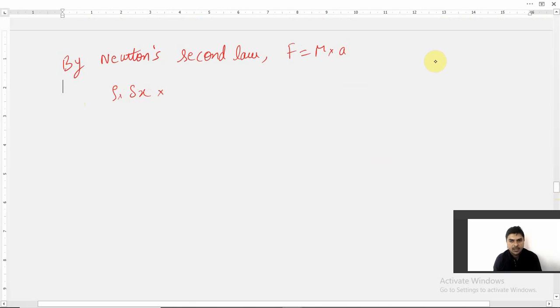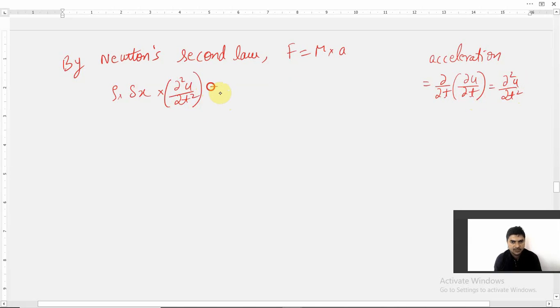Into acceleration, please remember here, friends: rate of change of velocity is nothing but again the rate of change of displacement or speed with respect to time. So therefore this will be dou square u upon dou t square. Just substitute this value in this equation, friends. Dou square u upon dou t square, where this is mass and this is acceleration, is equal to the force.